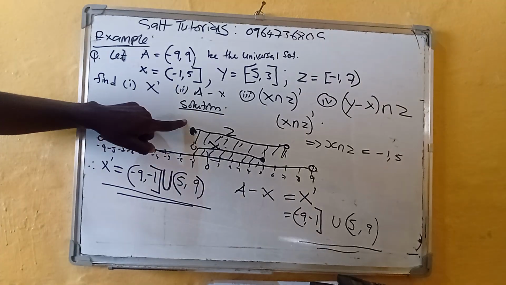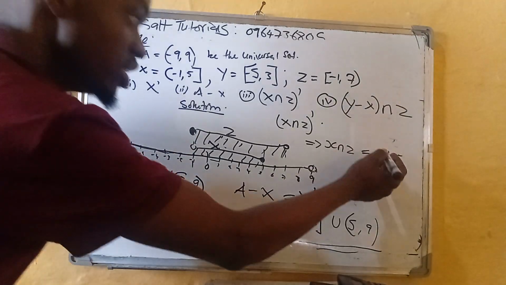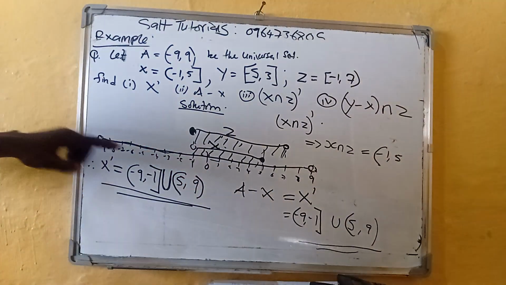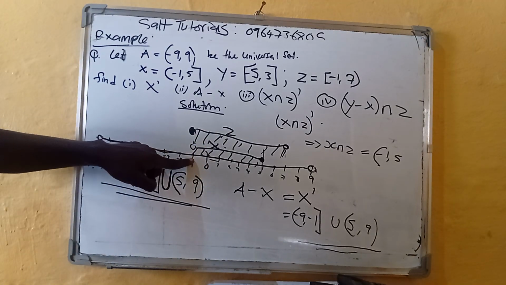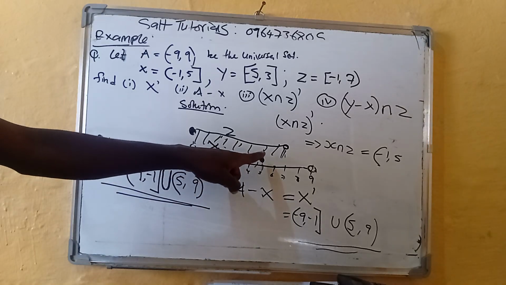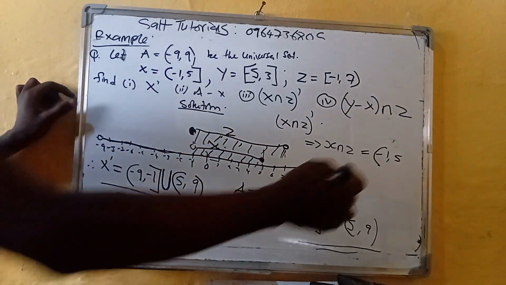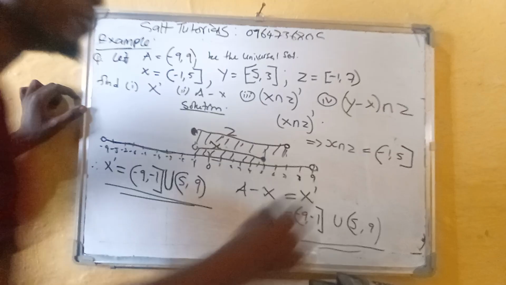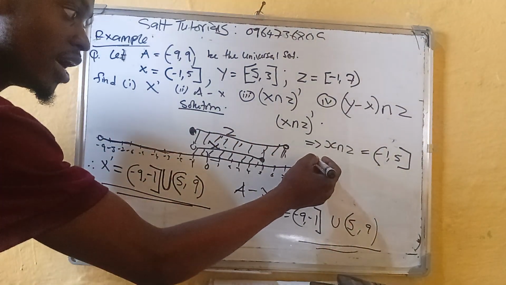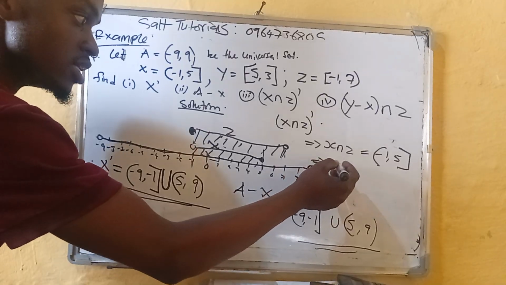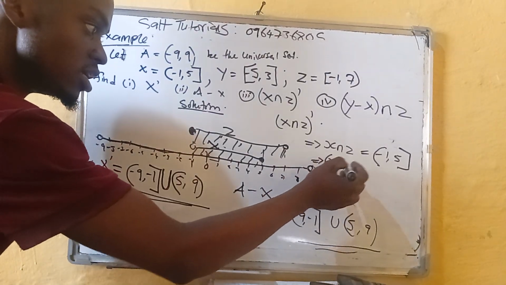So -1 is not in the intersection, it is round. Why is it round? It is open here but closed there, so it means it's not belonging to both. 5 is belonging to both, and it's shaded and shaded there. This is closed. So if this is my X intersection Z, what would be my X intersection Z complement?